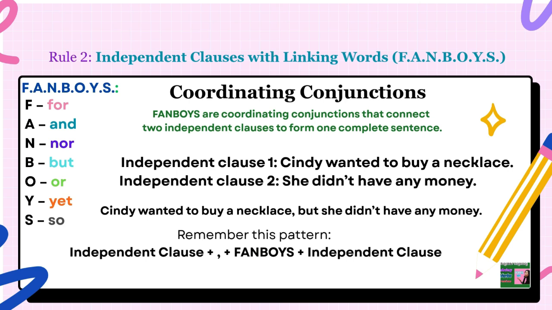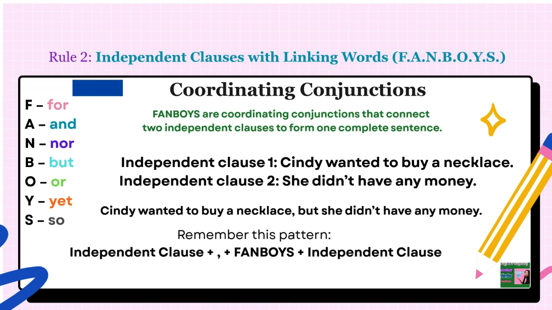The word "but," one of the FANBOYS, shows contrast. It tells us that the second idea is opposite to the first. So when we connect them, we get: Cindy wanted to buy a necklace, but she didn't have any money. Now, both ideas are joined into one smooth sentence that shows contrast.